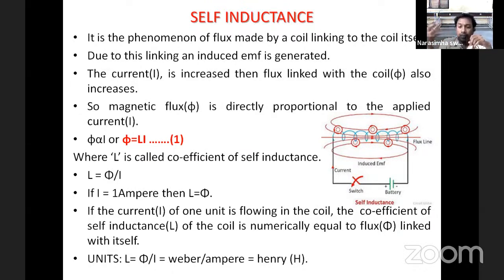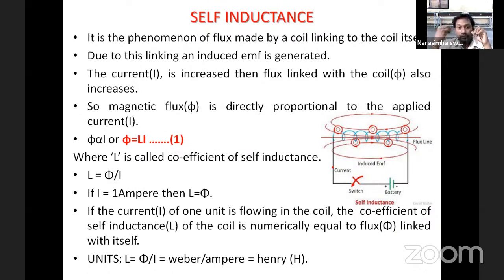It's nothing but the magnetic flux changing. So magnetic flux is directly proportional to the applied current. Flux purely depends on the amount of current you supply to the coil.